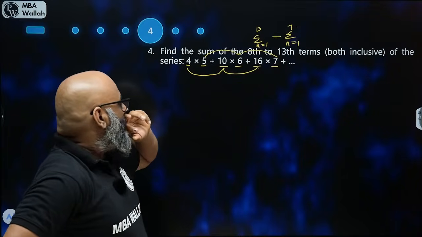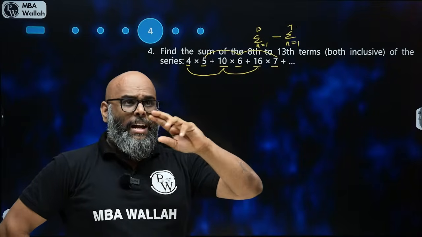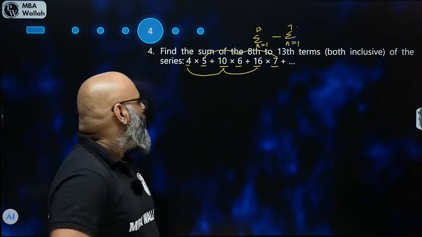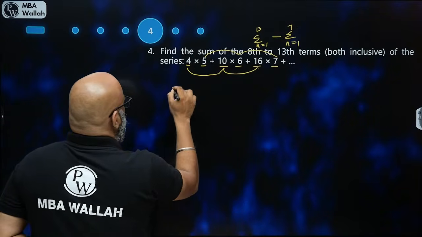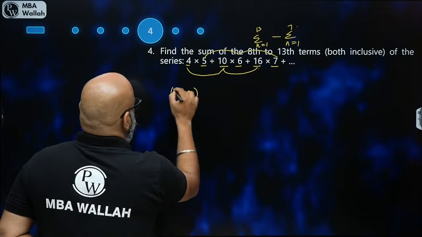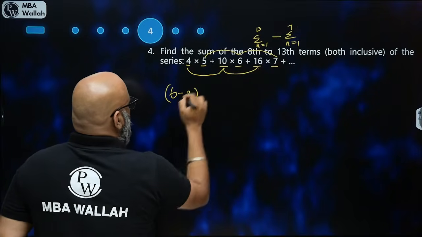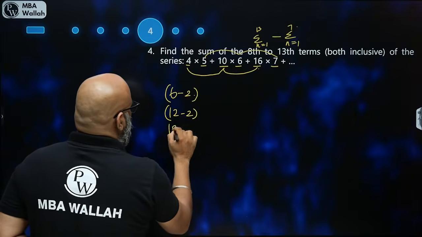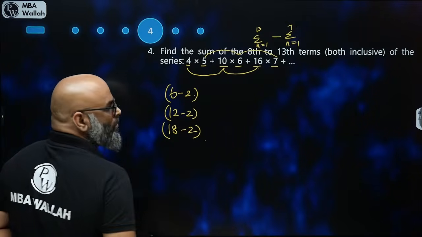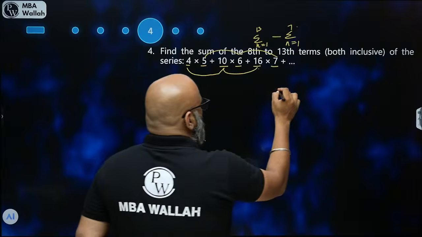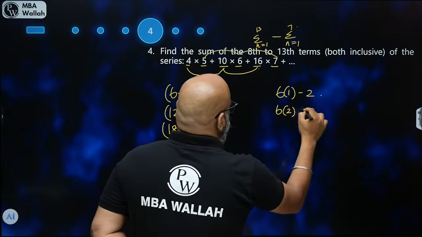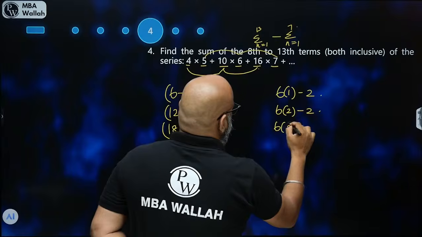How can I write that? I'm looking at 4. I can think about that as a multiple of 6 and 2 less than that. So this part is 6 minus 2. This 10 can be written as 12 minus 2. The 16 can be written as 18 minus 2. Or this will become 6 into 1 minus 2, 6 into 2 minus 2, 6 into 3 minus 2.